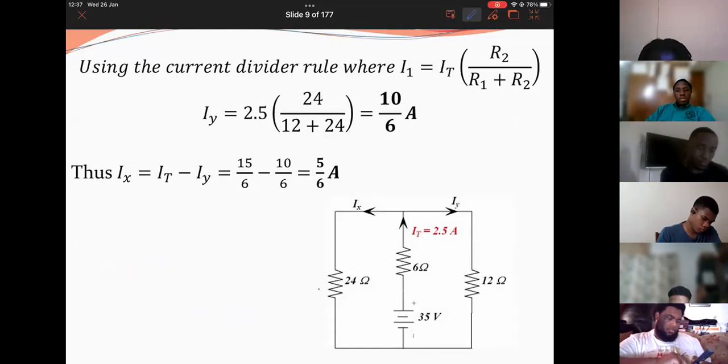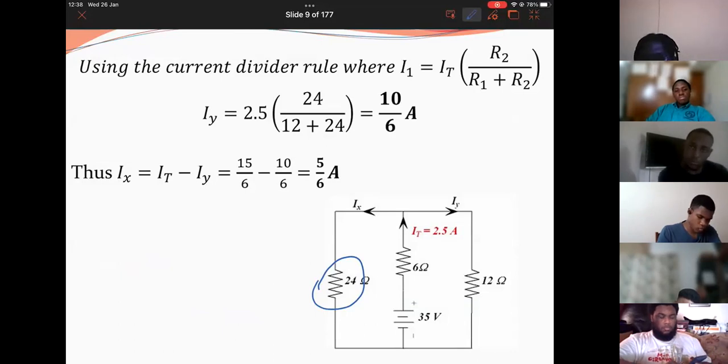So the current going through the 24 ohm, which I have denoted there as IX, will be 5 over 6, and the current going through the combination, which is the rest of the circuit, will be 10 over 6. Of course, IY is further broken down between the 5 and the 20.